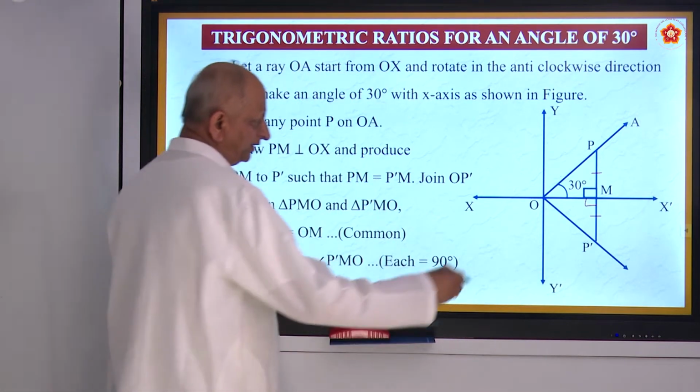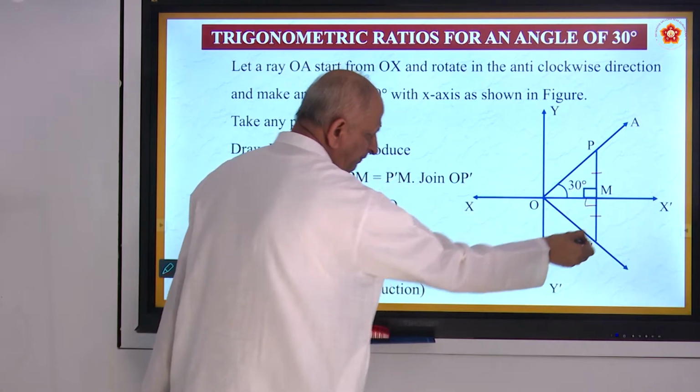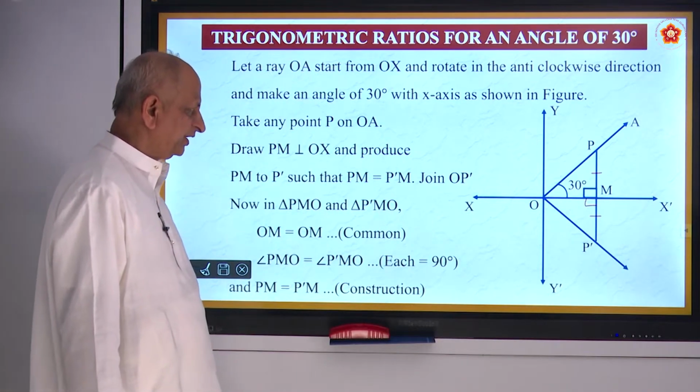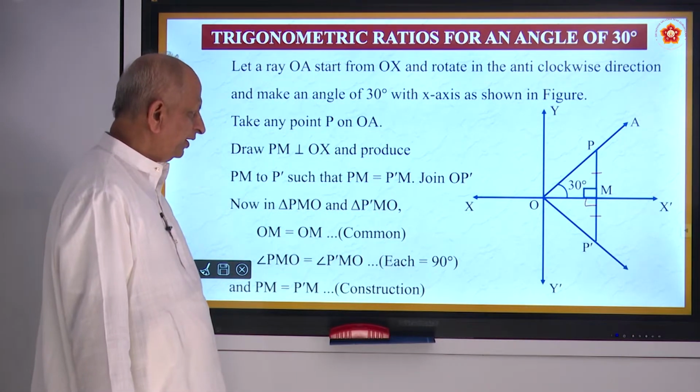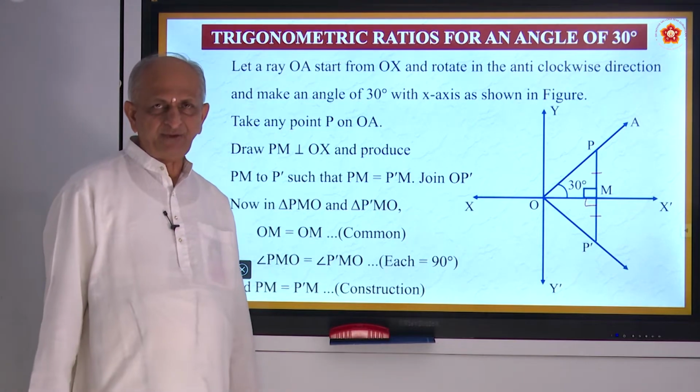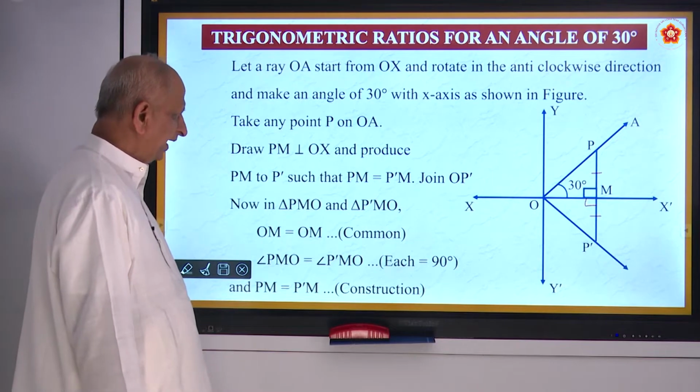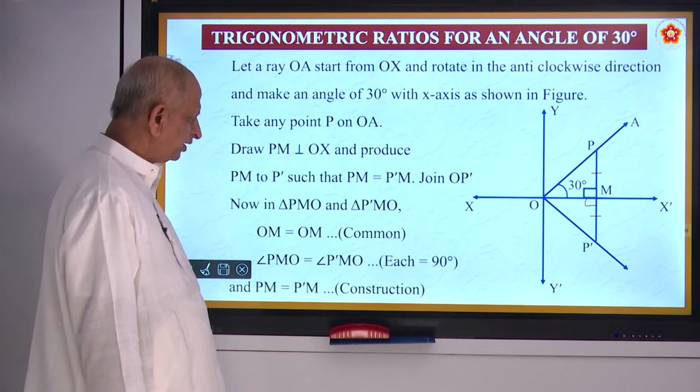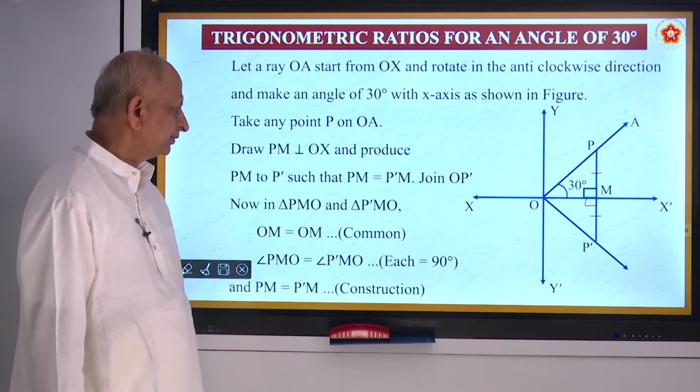And it is given that PM is equal to MP dash, by construction. So what do you get? By the congruency of triangles, triangle PMO is congruent to triangle P dash MO. Is it not?